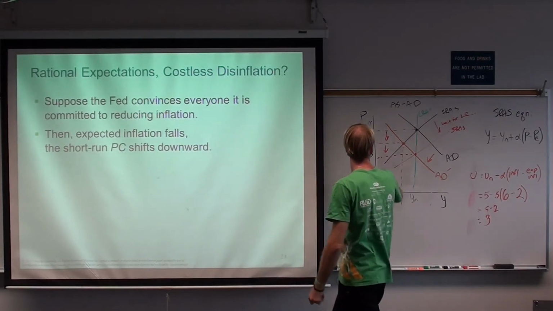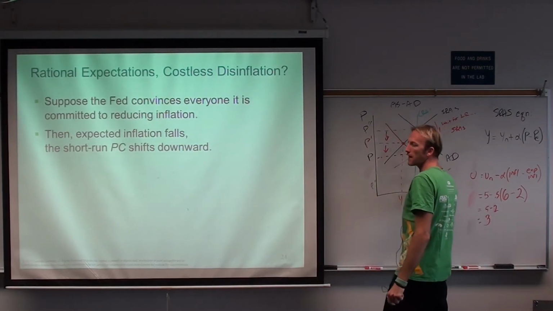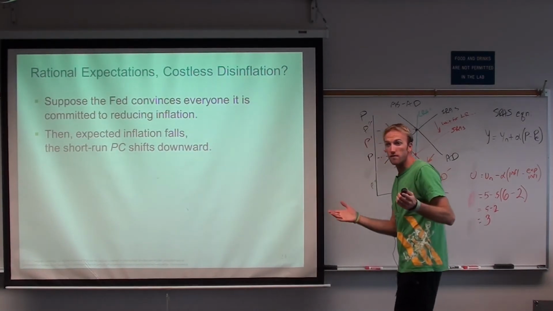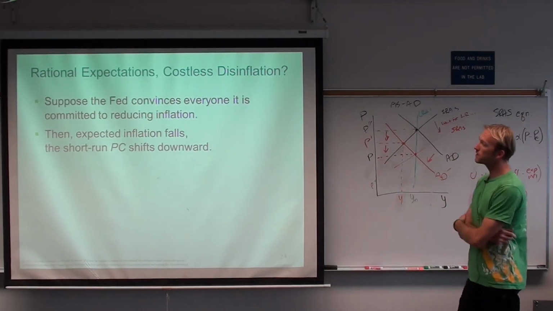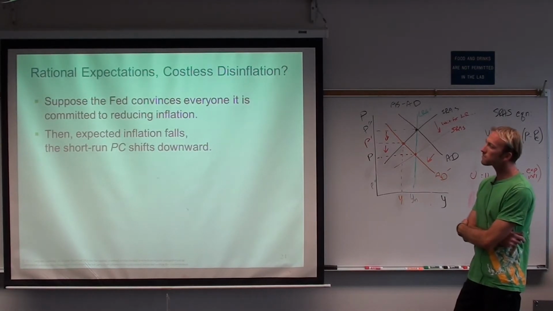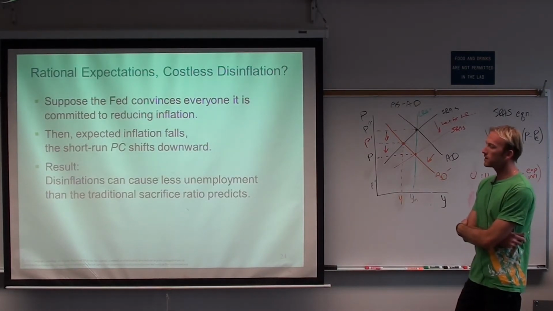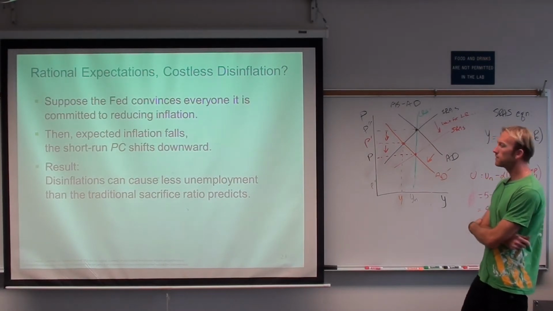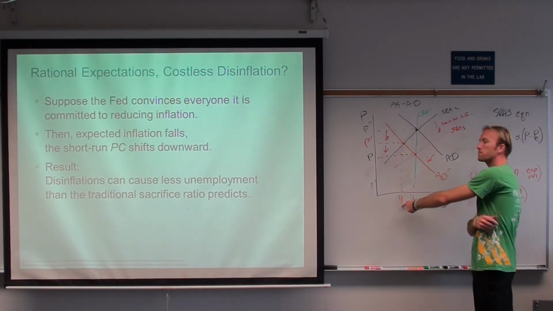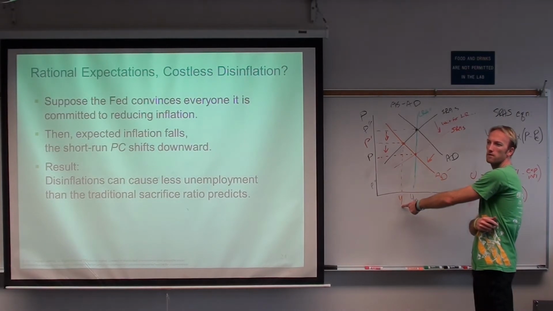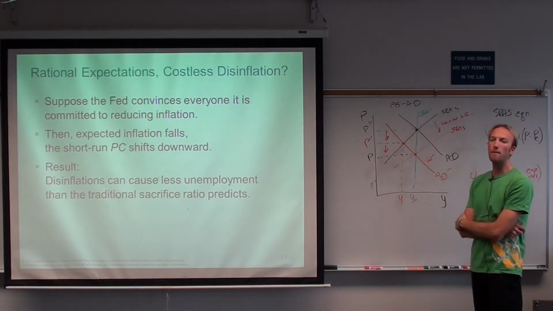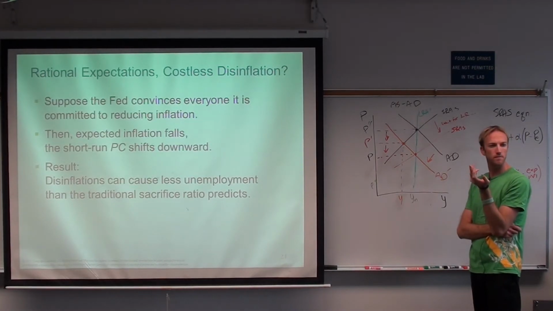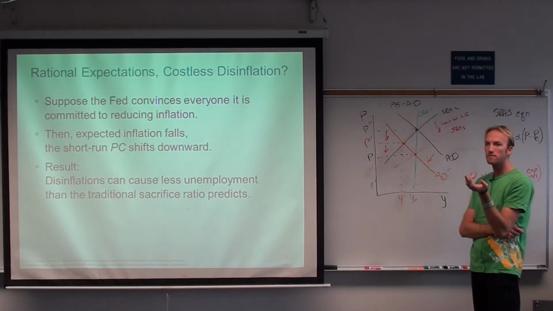They expect lower inflation, the SRAS curve comes to the right, and the PC curve shifts down, which is good for the Phillips curve. Okay, so the idea here is if the Fed can convince people, then we don't have to spend that long in low output. We don't actually have to give up all of that output, right? But the Fed has to be trustworthy. People have to believe the Fed.